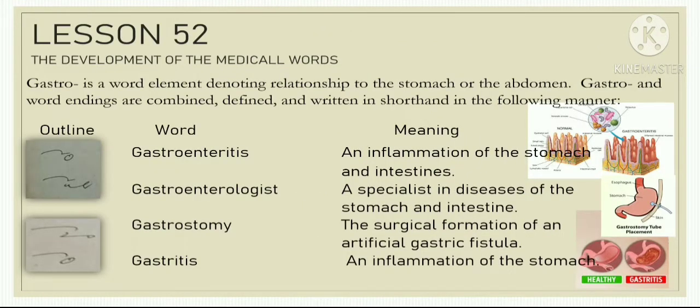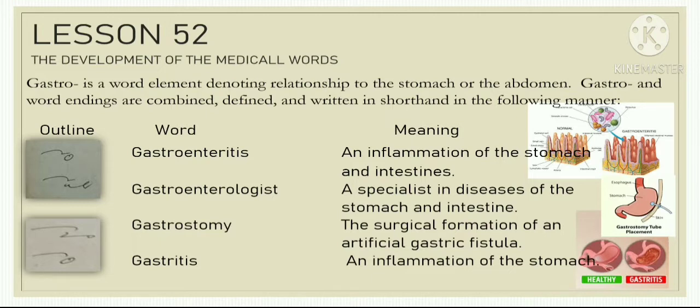For lesson 52, gastro is a word element denoting relationship to the stomach or the abdomen. Gastro and word endings are combined, defined, and written in shorthand in the following manner. The word gastroenteritis is inflammation of the stomach and intestines.